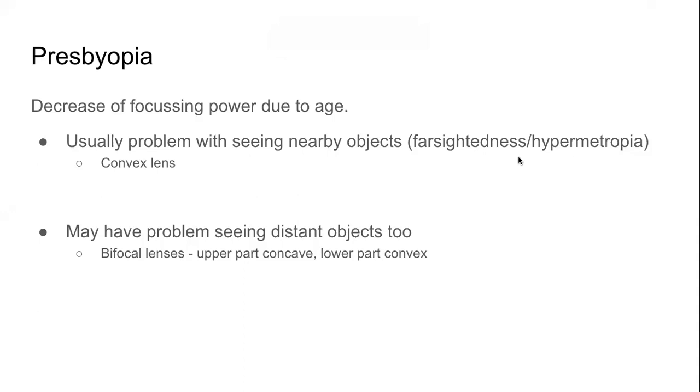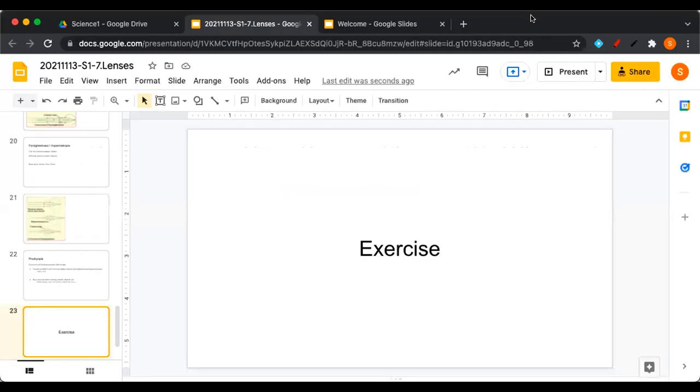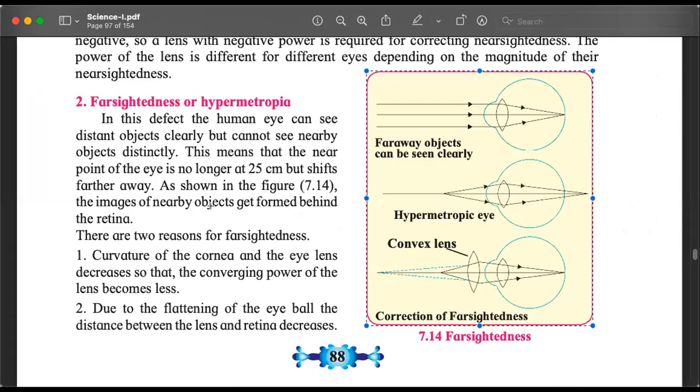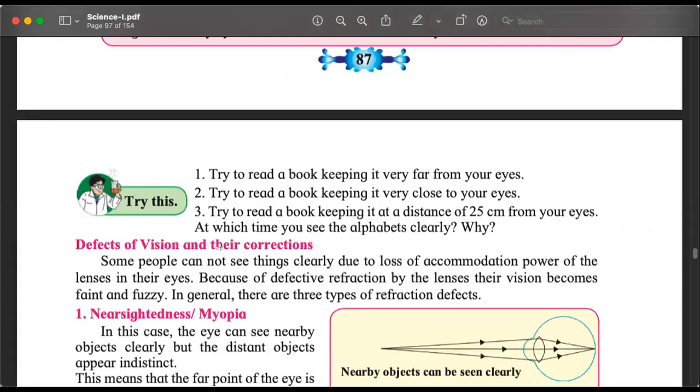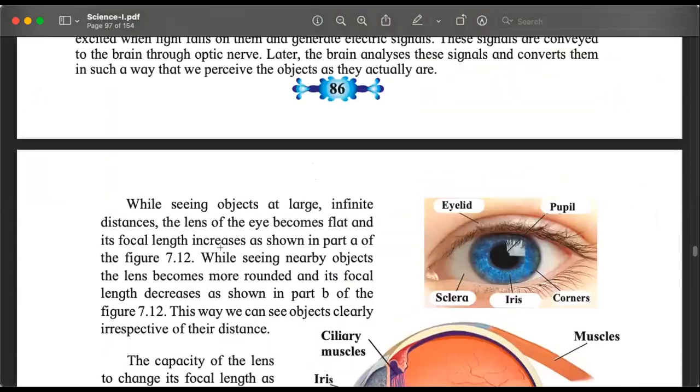Okay, now let us look at some questions from the exercise. I will share the textbook with you, and at your place, wherever you are, you should be opening your textbooks. I have shared the textbook with you on the screen.